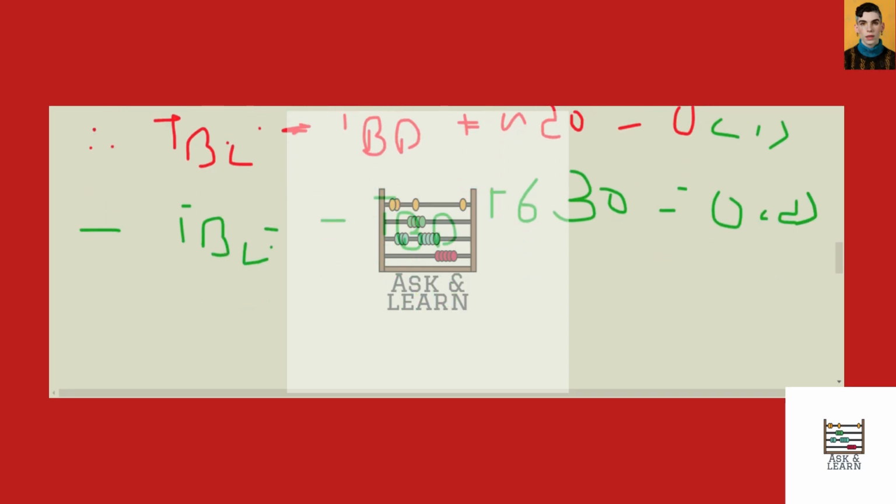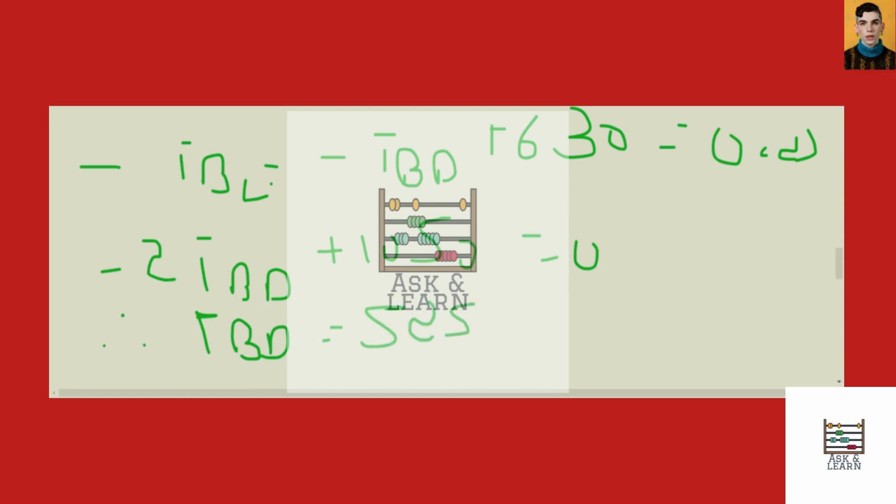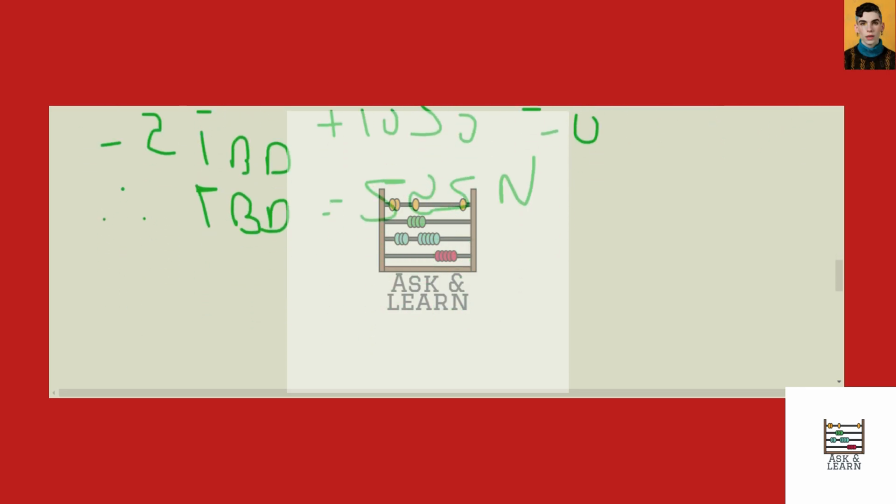Now adding equations 1 and 2, we get minus 2TBD plus 1050 is equal to 0. So we have TBD is equal to 525 Newton, and so we can get TBE by putting this value in the above equation, which is 105 Newton.